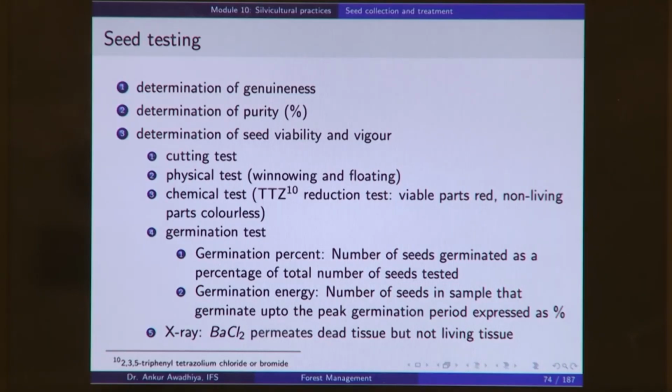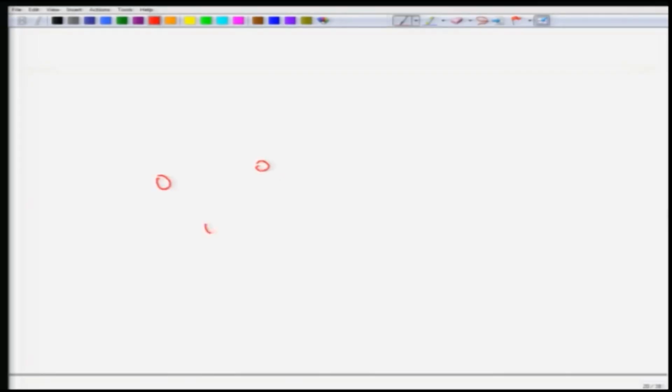Suppose you began with 10 seeds, and out of these 10 seeds we are seeing red color in say 7 of them. It will tell us that 7 out of these 10 seeds are viable, the rest 3 are non-viable. So, this is a chemical test of viability.